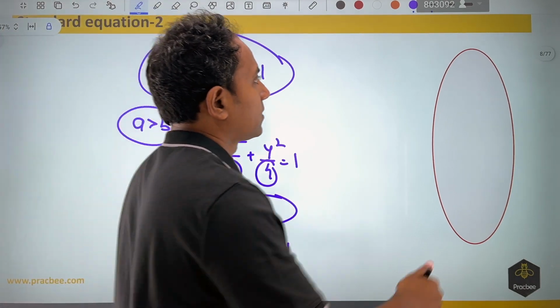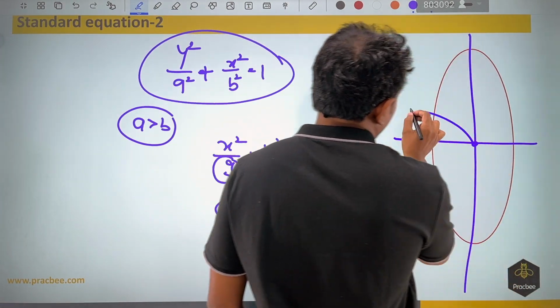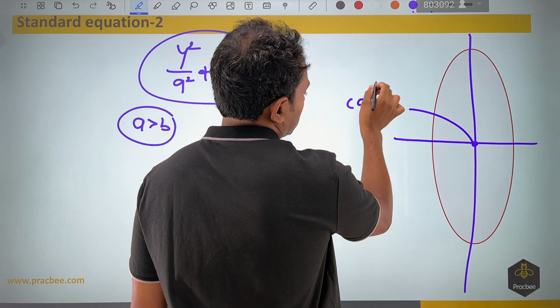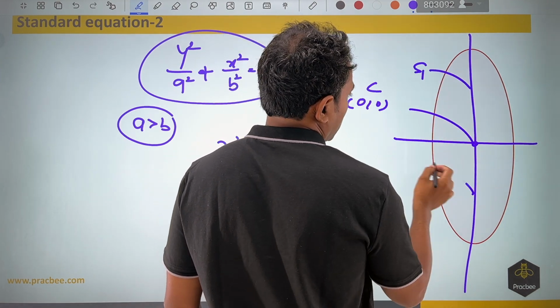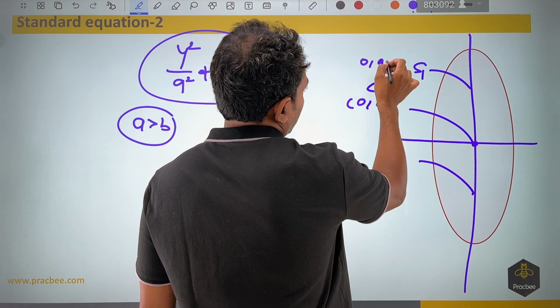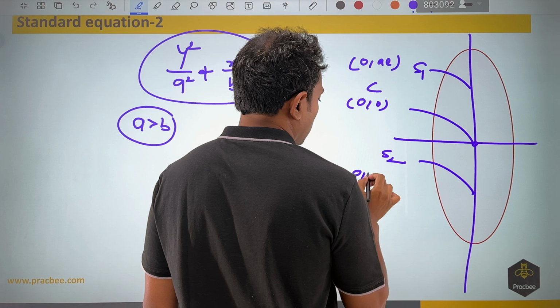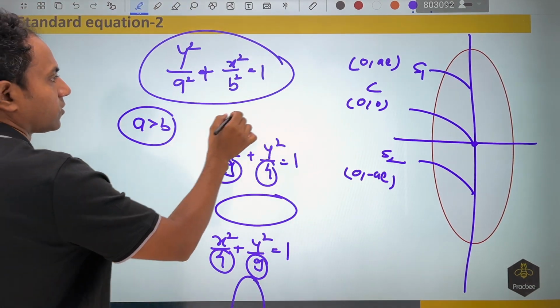Now once you have done that, and if we detail this standard curve, the center would be at 0, 0. This is nothing but my center. The focus S1, and there will be a focus S2. So this would be nothing but 0, a, 0, minus a. The value of eccentricity corresponding to this will not change.